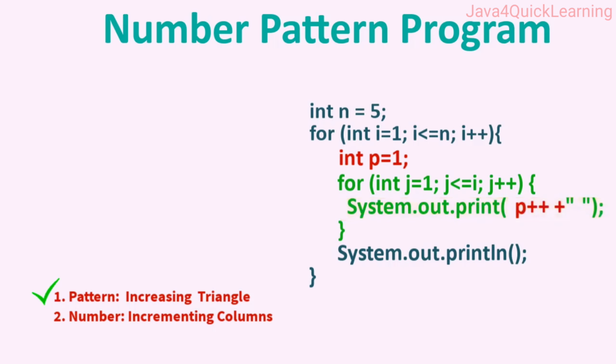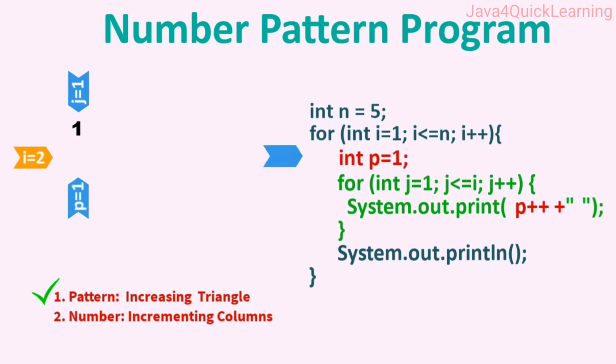So let's see how it will work. It will start with row 1 with i equal to 1. Then it enters the loop and p is initialized to 1. When it enters the inside j loop, it prints p. For the first row, the inner loop will execute only one time, so the println statement is executed next and i is incremented to 2.